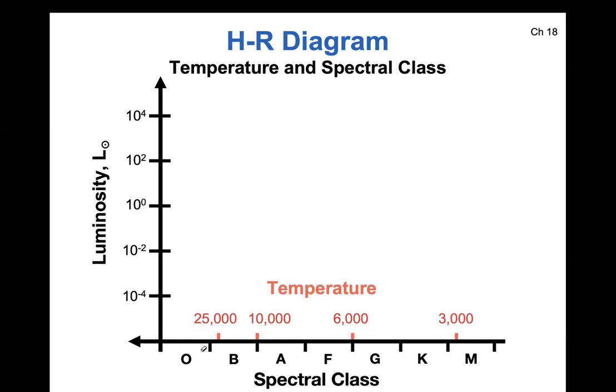The spectral class letters in descending temperature order are O, so those are the hottest, B, A, F, G, K, M, right down to M being the coldest. All right. And the way that I remember it is a silly mnemonic device.